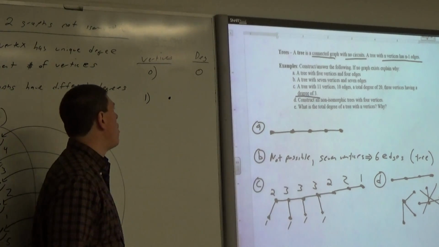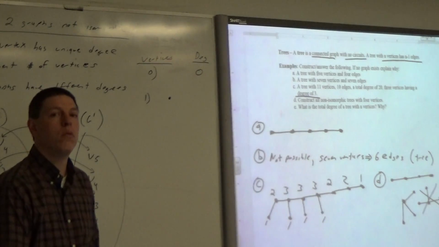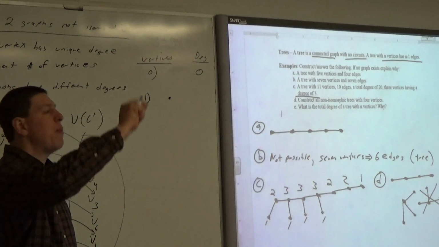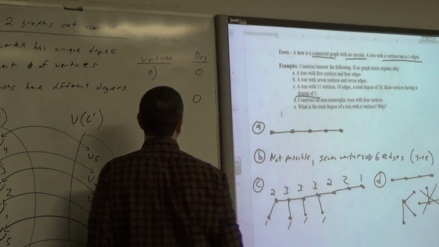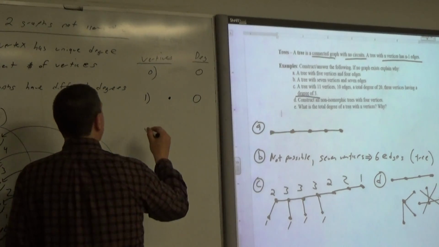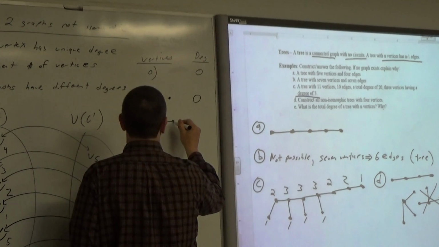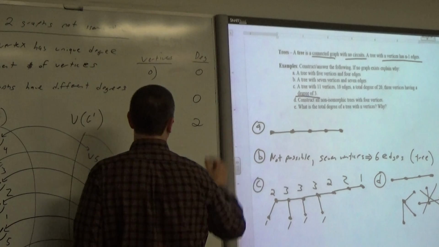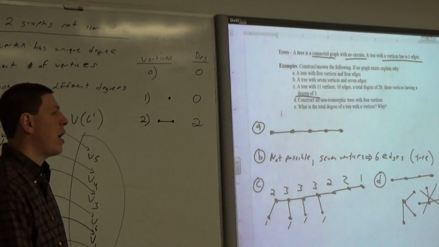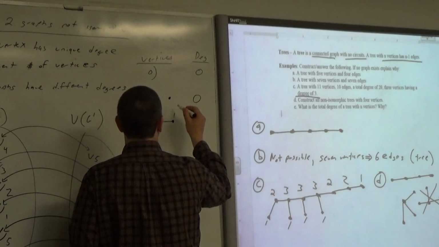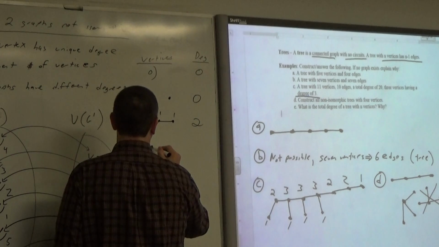What's the degree of a tree that has 1 vertex? 0, right? Remember what degree is: how many sticks are sticking out of it. So that has no degree. Let's say we have 2 vertices. Well, I just told you. That would be 2, wouldn't it, guys? Does that make sense to everybody? I'm just figuring out, this has 1, this has 1. Let's say we have 3.